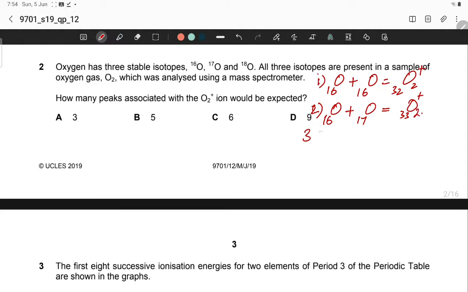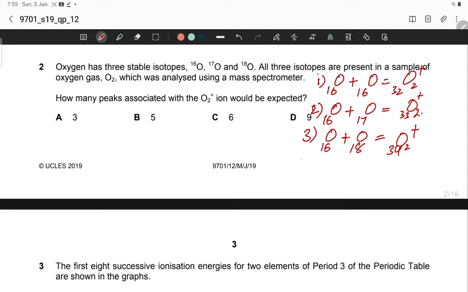Third is O16 isotope with O18 isotope, and the possibility is 34, O2 molecular ion.